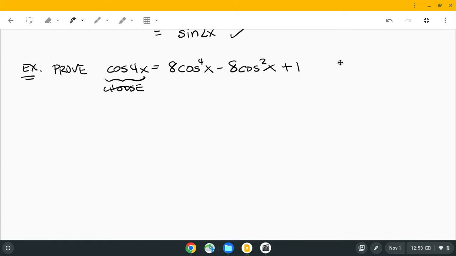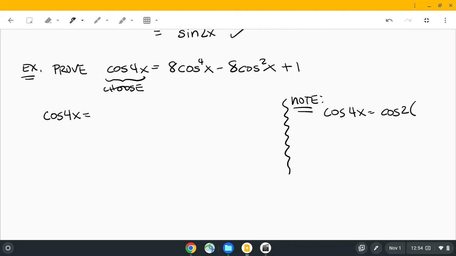Okay, so cosine 4x. We're going to use the double angle formula. Let's put a little note over here on the side. Cosine 4x is like our double angle, like cosine 2a.